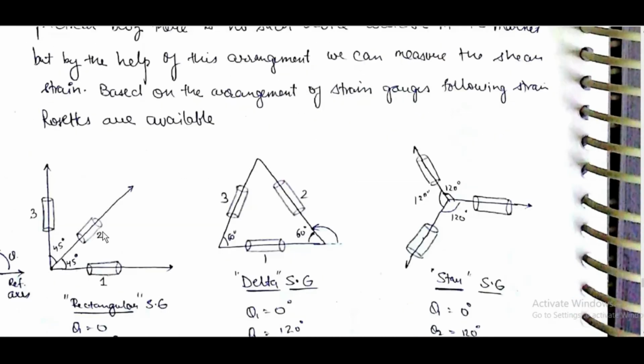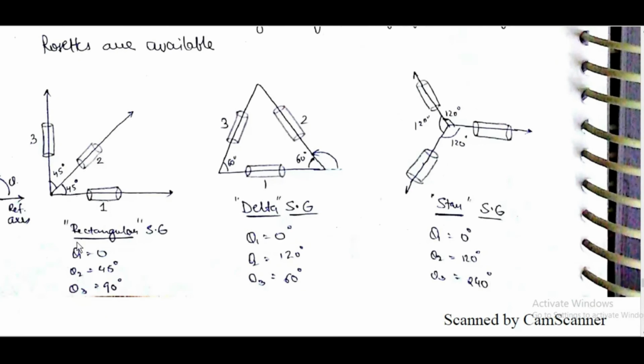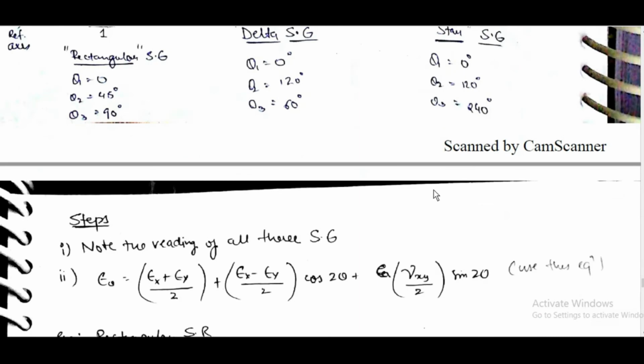The following strain rosettes are available: rectangular, theta 1 is equal to 0 degrees, theta 2 is equal to 45 degrees, theta 3 is equal to 90 degrees. Delta: theta 1 is equal to 0 degrees, theta 2 is equal to 120 degrees, theta 3 is equal to 60 degrees. Star: theta 1 is equal to 0 degrees, theta 2 is equal to 120 degrees, theta 3 is equal to 240 degrees.